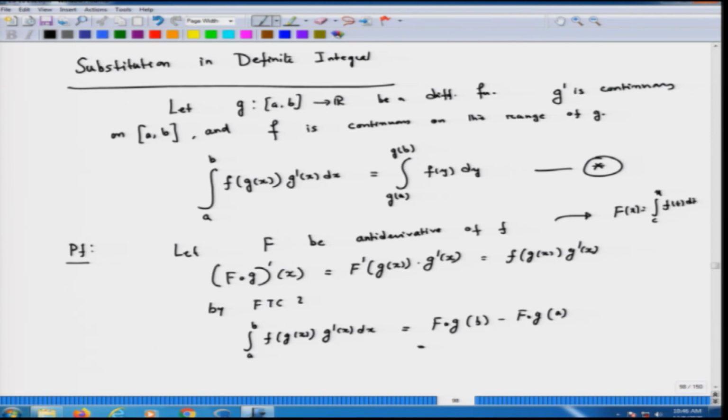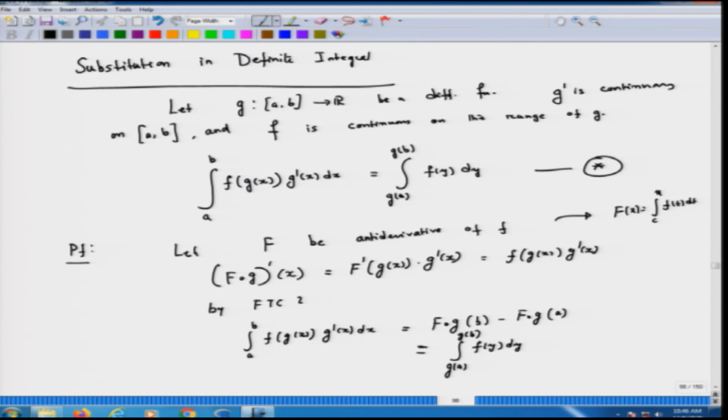Then this is the integral from c to g of b minus the integral from c to g of a. So, this is going to be equal to the integral from g of a to g of b of f of y dy, because that is what the capital F is.